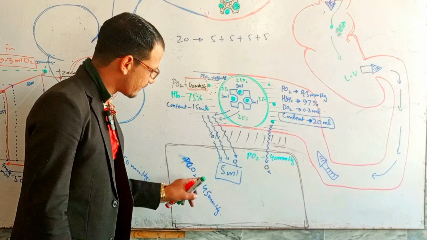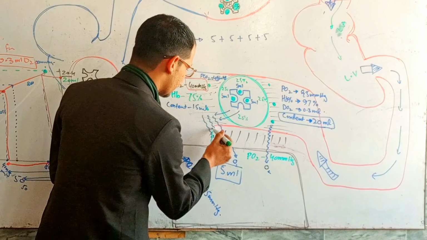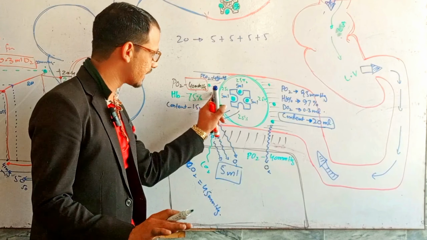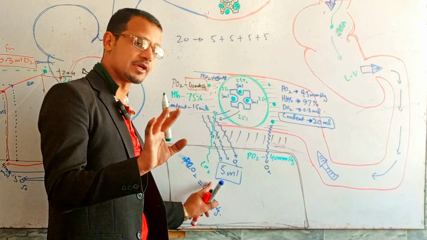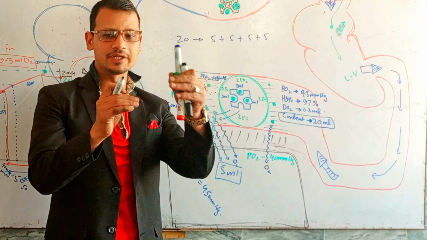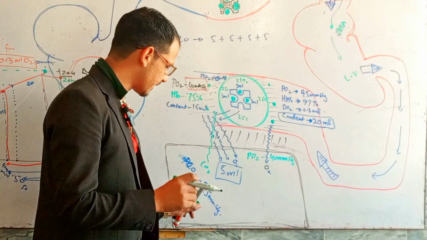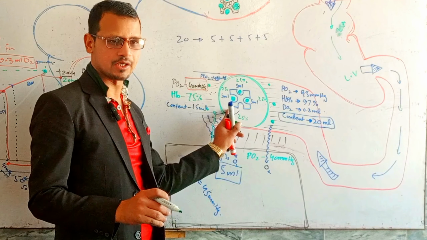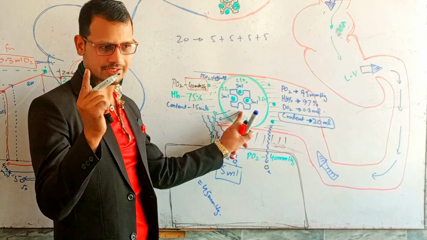This partial pressure difference gets the carbon dioxide diffused into the blood. You will remember this, right? Here the partial pressure of carbon dioxide is 40 mm of Hg and there it is 45 mm of Hg. Due to this 5 mm of Hg difference, the carbon dioxide will diffuse into the blood and bind.